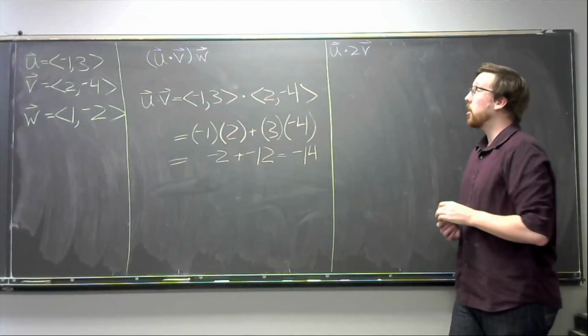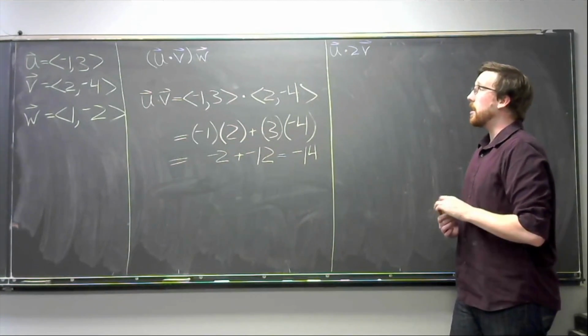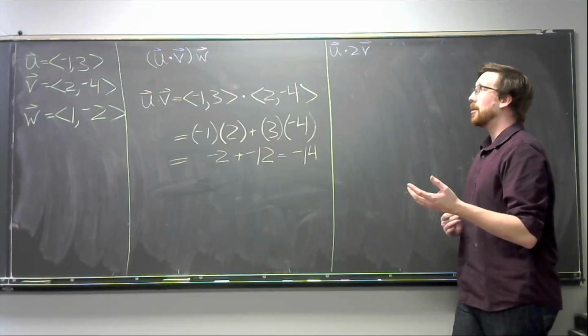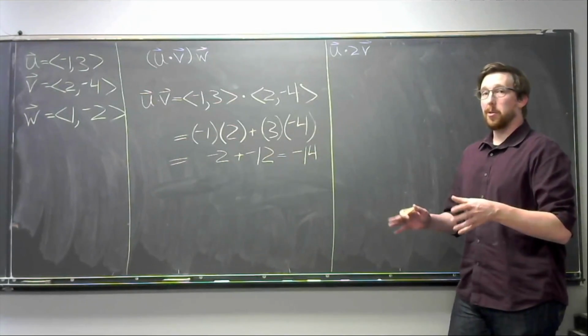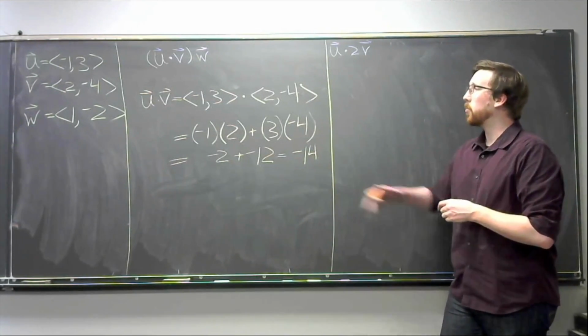So, u dot v times w, because we can do that, right? This is a scalar.